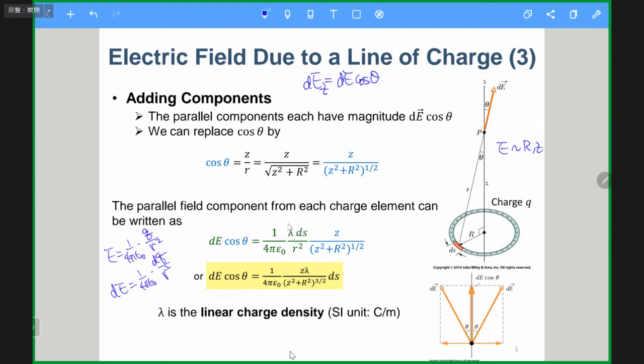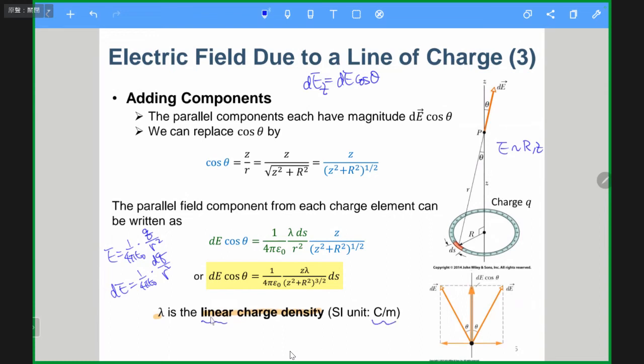Here we define another variable called lambda, which is the linear charge density. Later we will also have a surface charge density or even a volume charge density. So you need to care about whether it is linear or surface or whatever, because it is related to the SI unit.